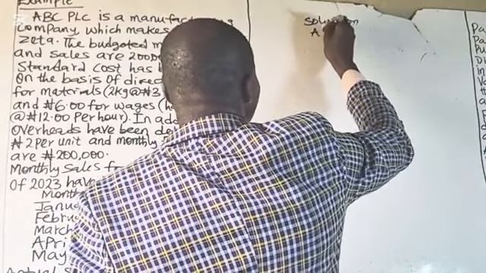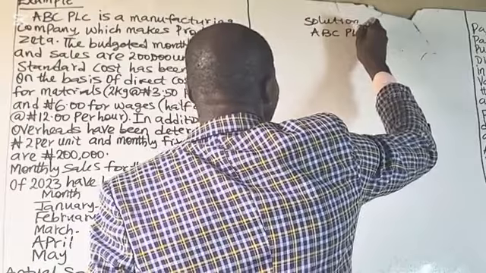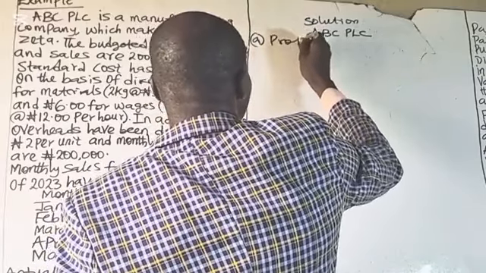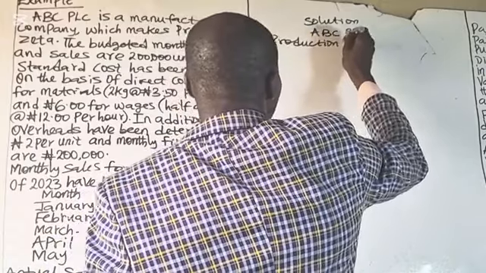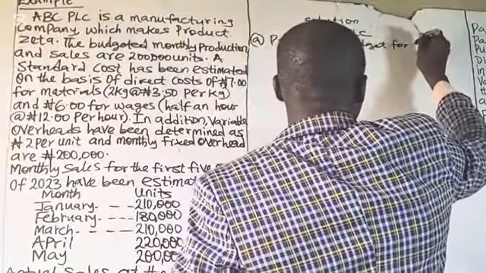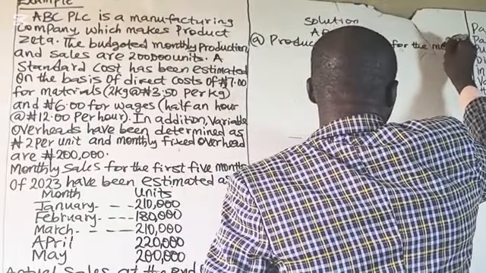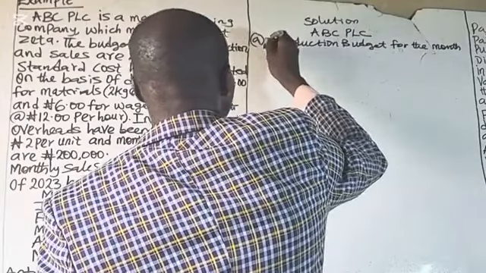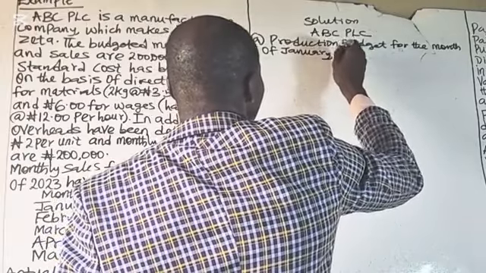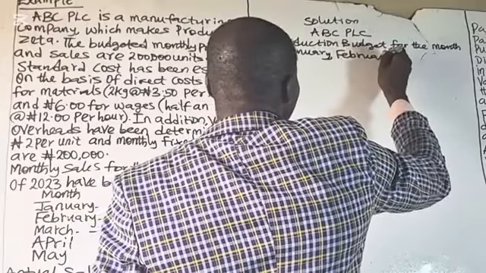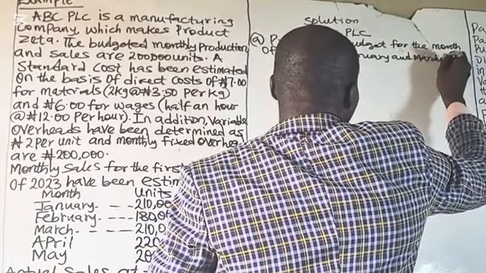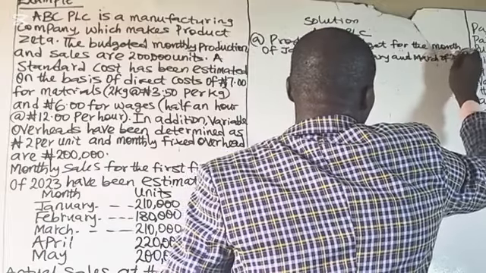ABC PLC. From the requirement A, you have to prepare the production budget for the month of January, February, and March of the year 2023.